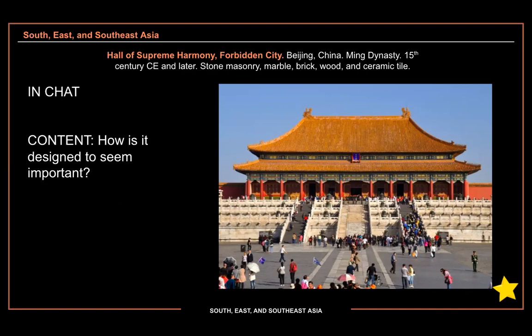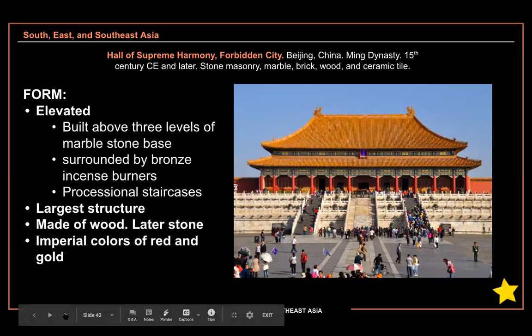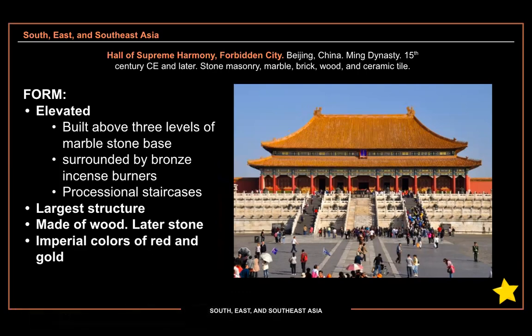So you have to get up the stairs to get into the building, and then it has that beautiful gold roof with those really dramatic angles, and almost the whole complex has these beautiful gold, yellow, and red paint on the structures. And so it's elevated, it's the largest structure, and it's painted in imperial colors of red and gold. So those are the telltale physical signs that this is an important structure.